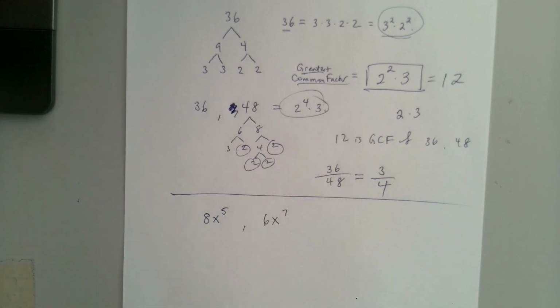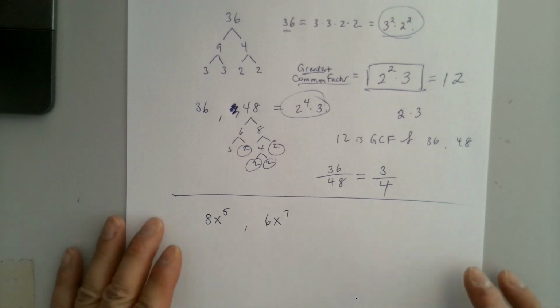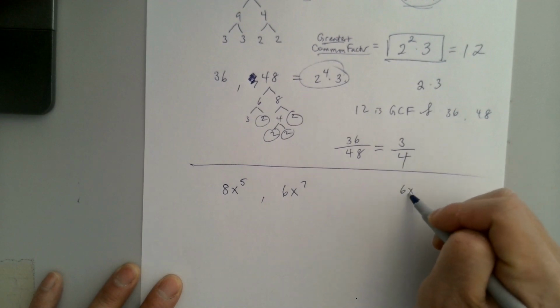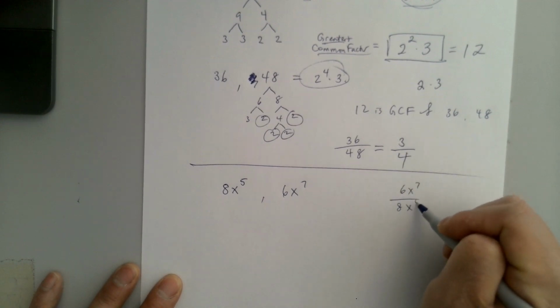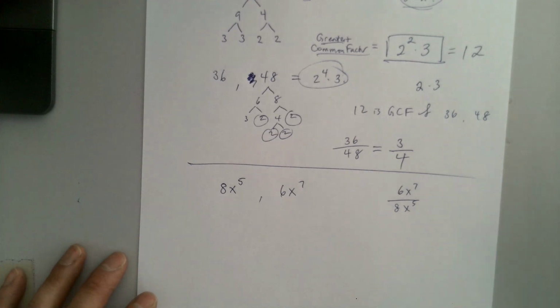I want to know what the GCF of those two terms is. What factors do they share? And I want to maximize that factor that they share. I want to find the greatest common factor, because maybe I have a fraction like this and I need to reduce it. So how do I reduce it quickly?